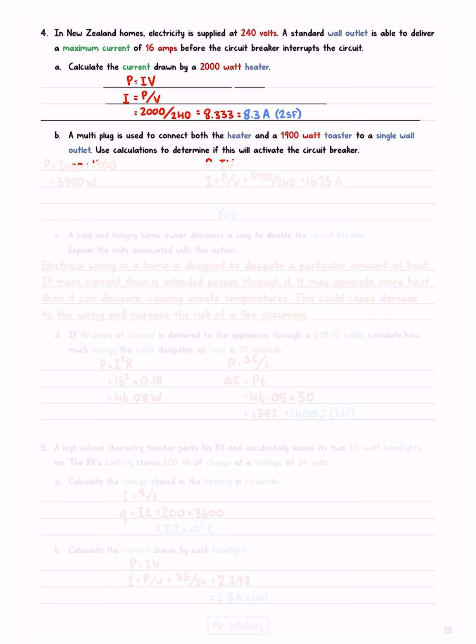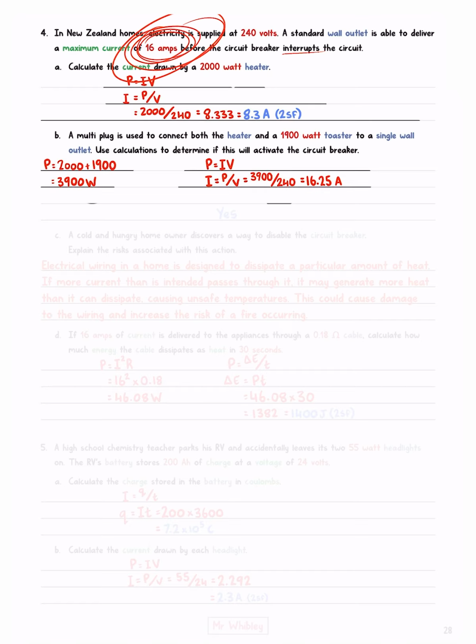Knowing that our maximum current is 16 amps before the circuit breaker trips, we just need to find our current like we did in the last question, where we know our voltage, and our power in this case is both the power of our heater as well as the power of our toaster, which is 3,900 watts. Putting that in gives us 16.25 amps. 16.25 is greater than our 16 amps, and so yes, our circuit breaker will activate.